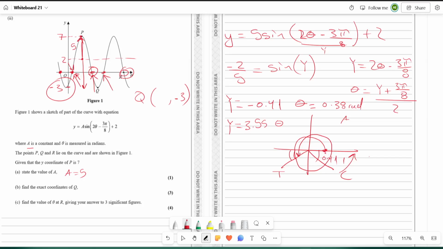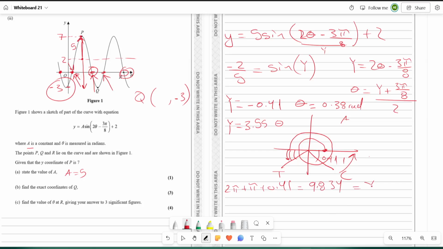So it's basically one full rotation. Again, let me do it again for you so you can visualize. So it's going to be one full rotation plus pi plus 0.41. So it's going to be 2 pi plus 0.41, which is equal to 9.834.